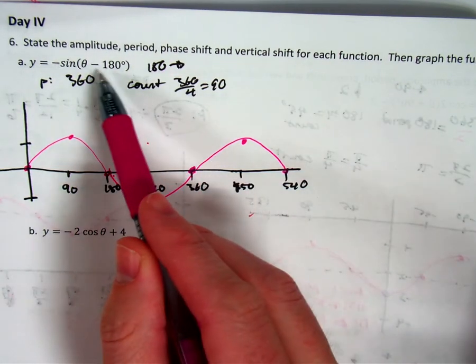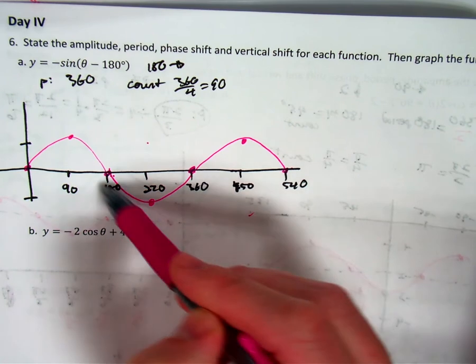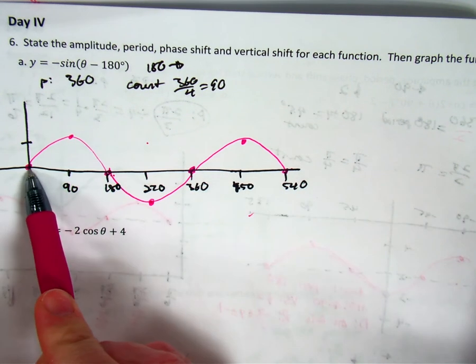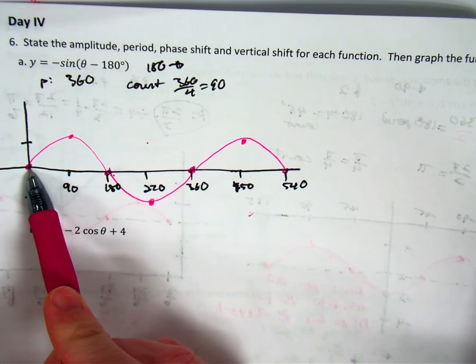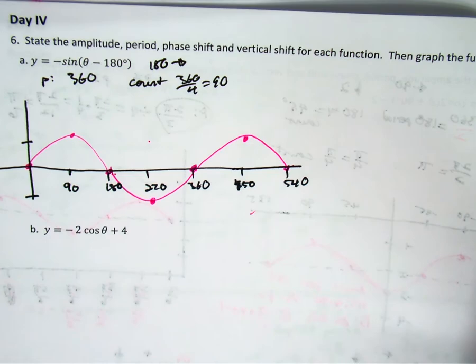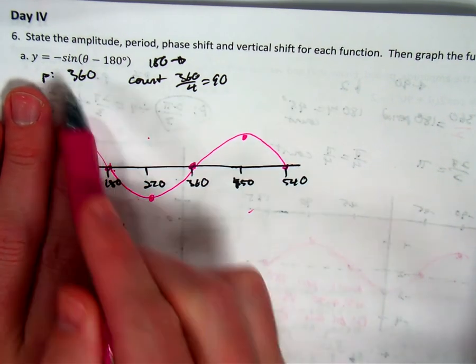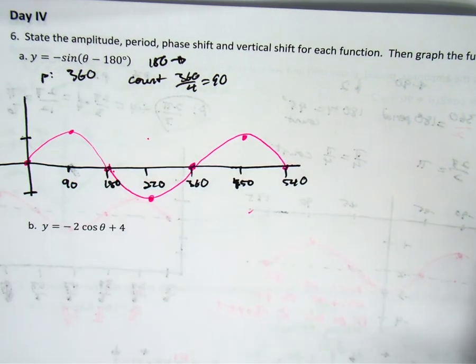So 180 to the right with a negative actually ends up being the same as regular sine with no changes at all. Pretty cool, huh? But that's not what we're focused on. We're focused on starting at 180 and going down.